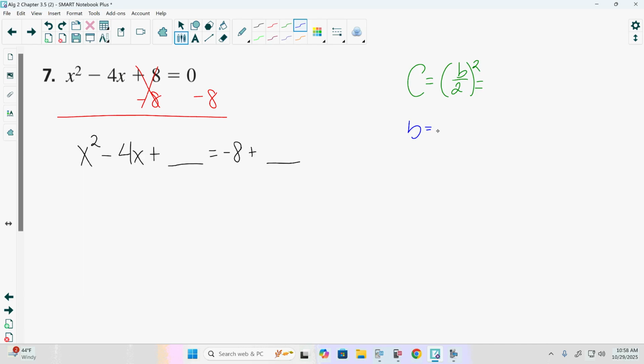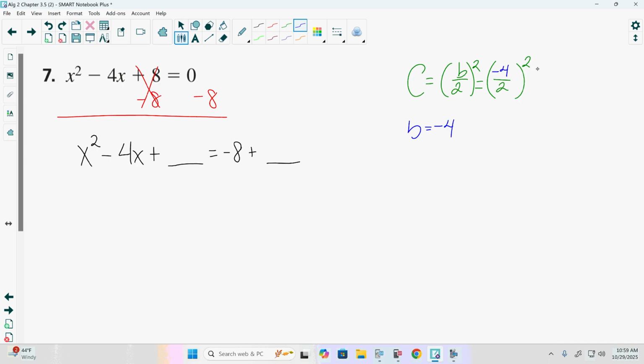Now for this problem, the value of b is what? Yes, it would be negative 4. And we can plug that into our formula for c. c is equal to b over 2, squared. So for us here, it would be negative 4 over 2, squared.